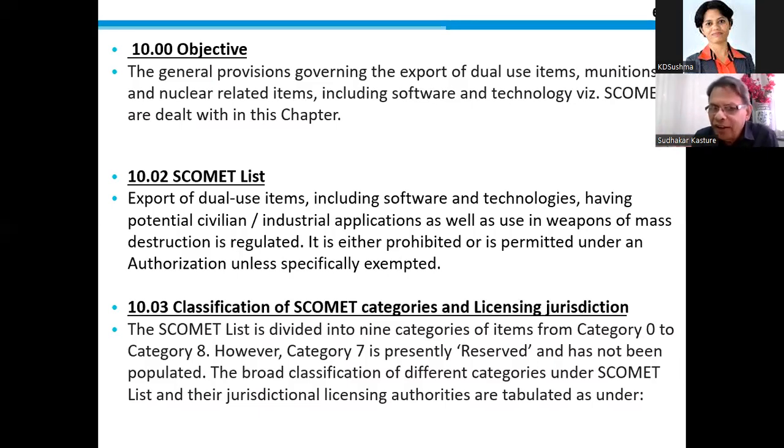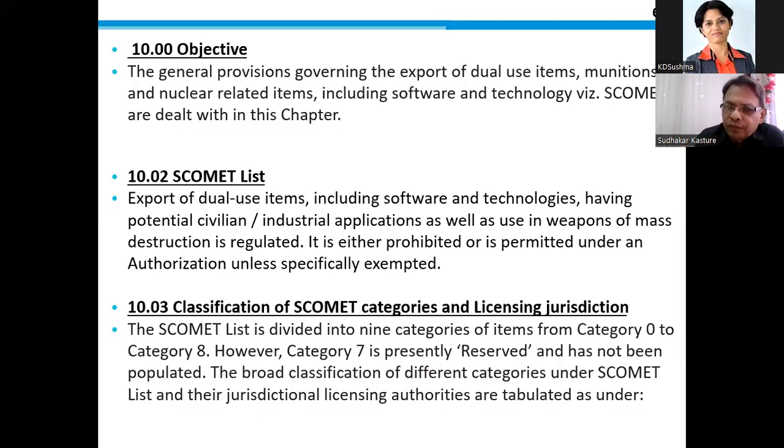So monitoring of these plays an important role. Any technology does not have good or bad in itself. It is dependent on its use. So the destructive use needs to be controlled. They should not be utilized for destructive purposes, and therefore controls are exercised.